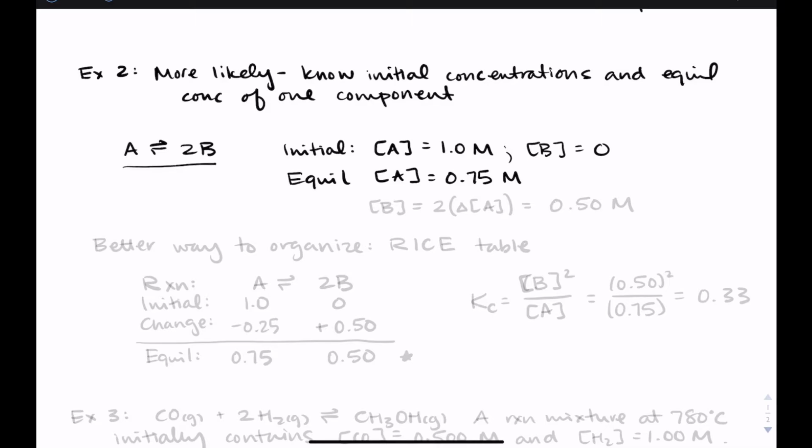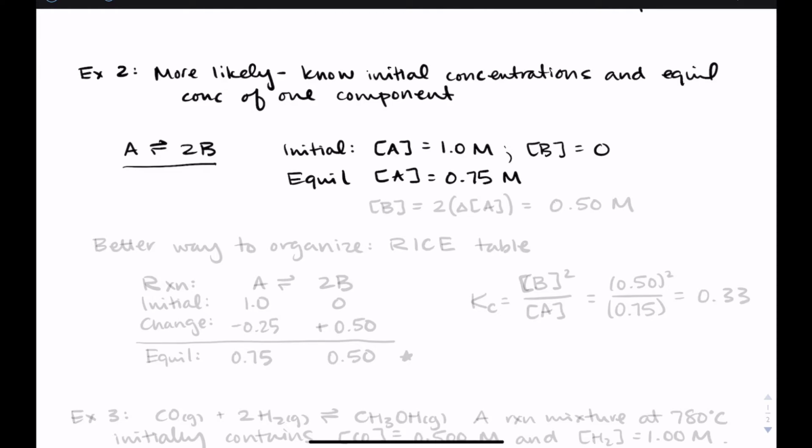If everything is in the same size container, the pressure and or the molarity is a proxy for the number of moles. So I don't have to go to the number of moles to do this calculation. I can just treat the concentrations that way. Now I'm giving you the why because there will be cases later where we have to go to moles and then we have to go back to concentration. So here we don't have to get out of concentration.